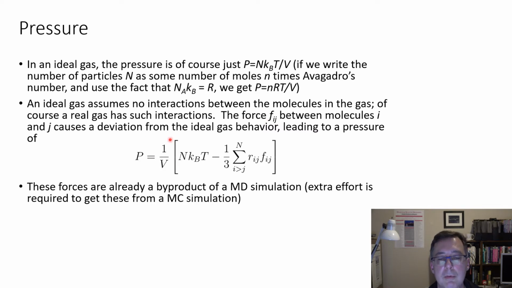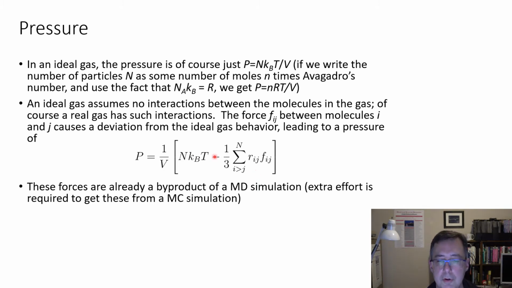So then I could rewrite this, saying instead of P equals 1 over V times N kBT, which is this first piece, I say it's that minus a correction factor. In fact, if the molecules are attracted to each other, then that tends to decrease the pressure that they exert by colliding with the walls of the container.